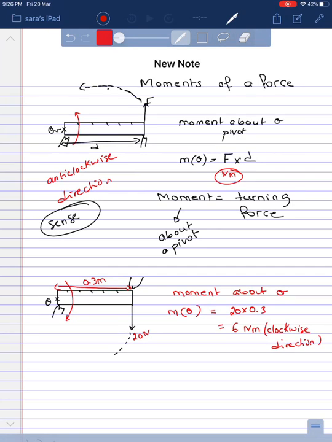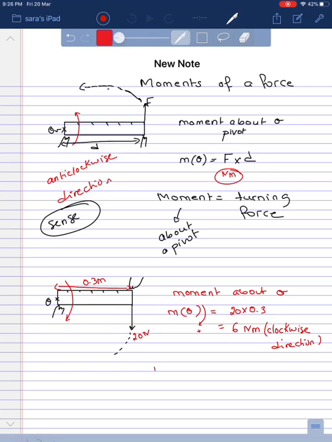So I always need to specify whether it's clockwise or anti-clockwise. Later on we have to specify, before we start, in which direction we want the moment to be positive. So I specify a moment around O, and I put this arrow to specify the positive direction that I want, in this case a clockwise direction.